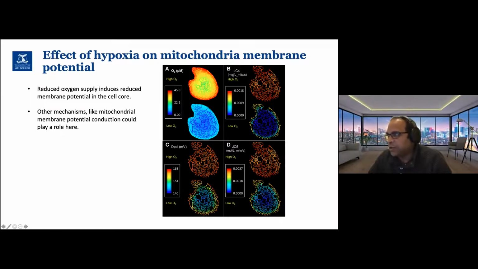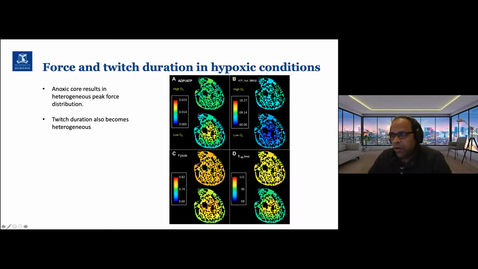And you can also look at complex 4 activity, complex 5 activity. You can also couple this oxidative phosphorylation model and metabolite model with cross-bridge kinetics and look at how mitochondrial function and the organization of the mitochondria affects the contractility of the cell.